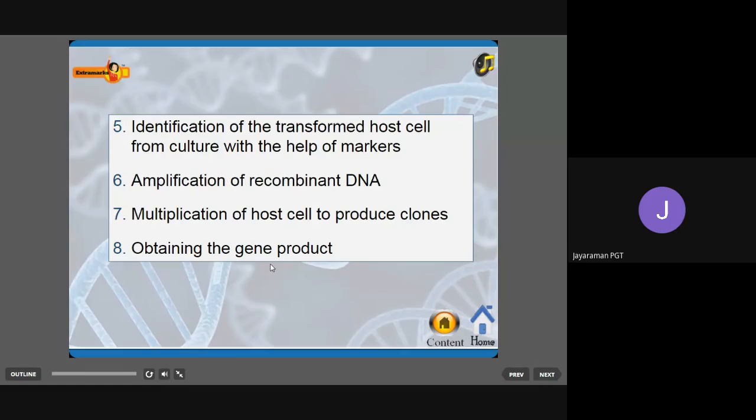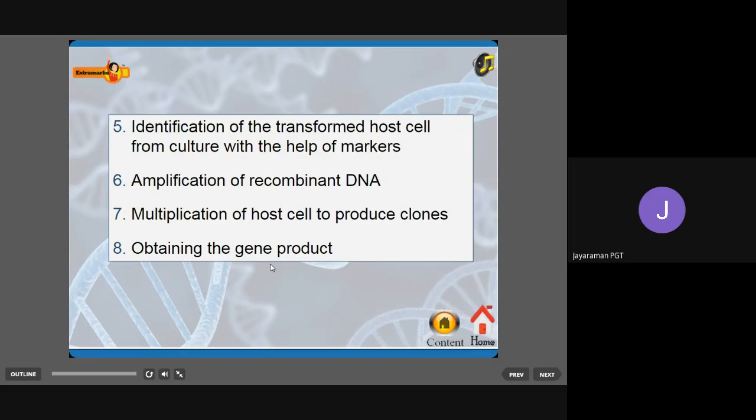In between, step number 6 is amplification of recombinant DNA. Once we get the desired gene, only one copy is obtained in one cell, and it is rarely available. That can be used for only one test, and we cannot get it back again.